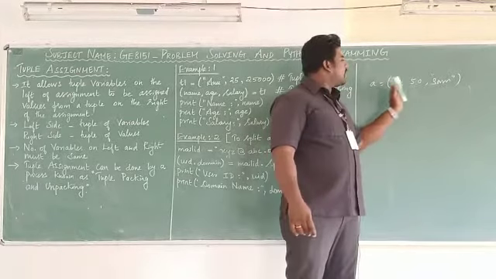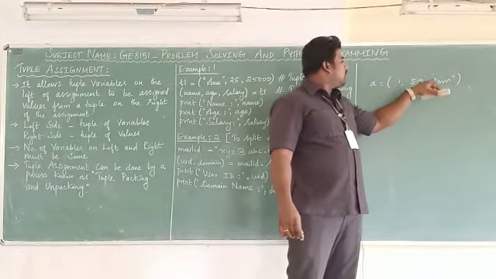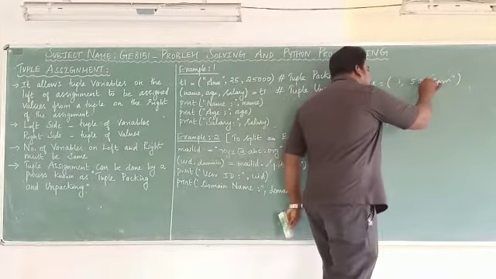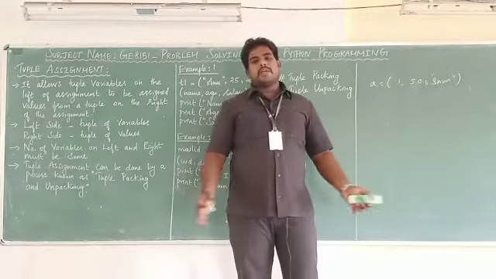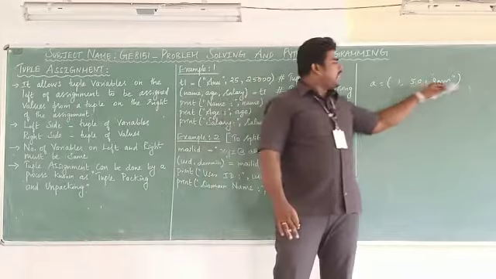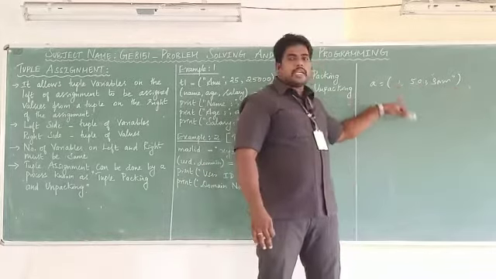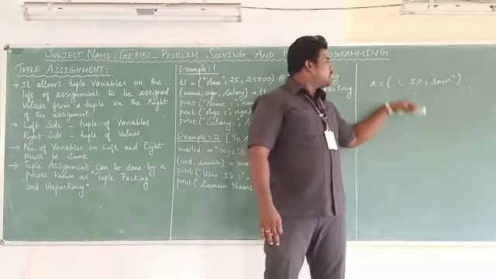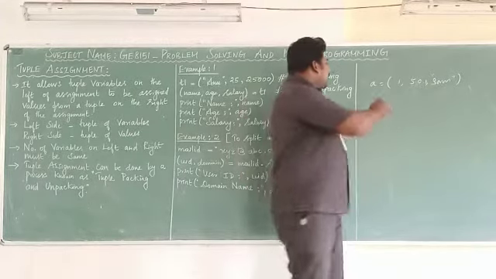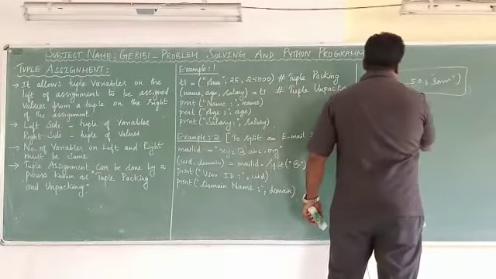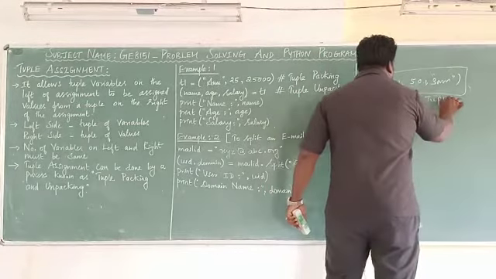You can pass any type of data: integer data, floating point data, or string. So a tuple is a collection of any types of data enclosed in the open and close parentheses. We say it is a tuple.